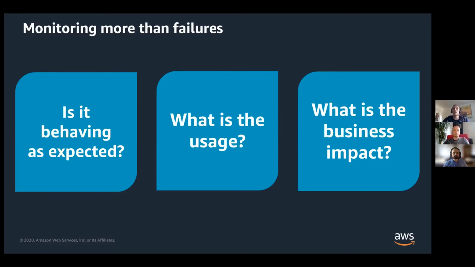So you want to set business-related metrics on the usage of your application, like how many people are signing up, what is the sales rate at the moment, the amount of products sold, and so on. That would give you a better view of what the experience of your system is for your customer.